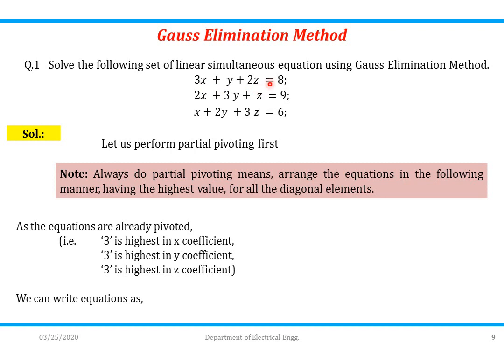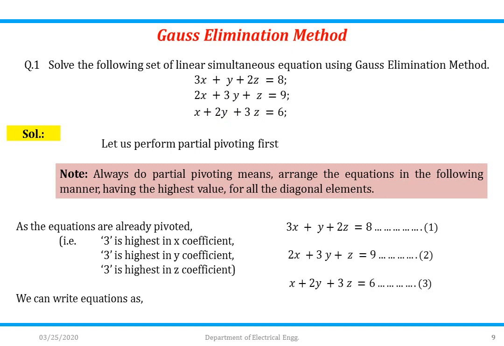Now leave that equation and check these two equations. Check the coefficient of y. The 3 is larger compared to the 2, so this is the second equation and the remaining one is the third equation. As the equations are already pivoted, we can take the equations as they are: 3x plus y plus 2z equal to 8, 2x plus 3y plus z equal to 9, and x plus 2y plus 3z equal to 6.